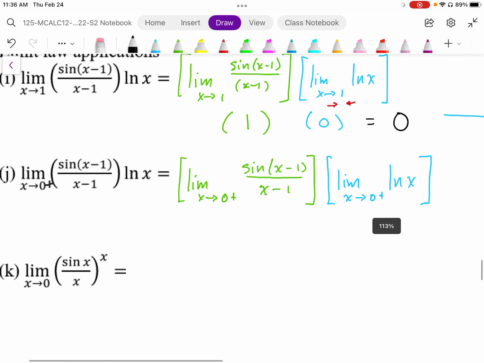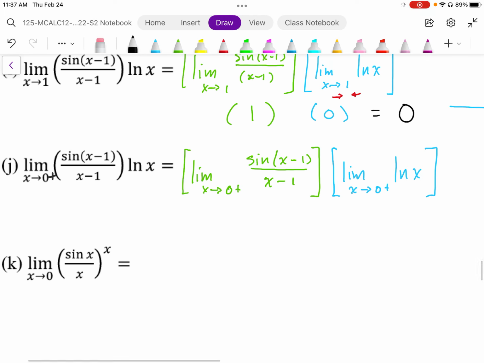Now, this one here is pretty much the same thing. However, because we're going to 0, in this case, the green part of the limit we can just plug in. So we're just going to plug in x is 0, so we get sine of negative 1 over negative 1. And we can evaluate that, so that's some value that we can evaluate.